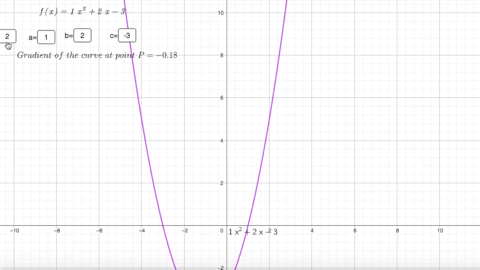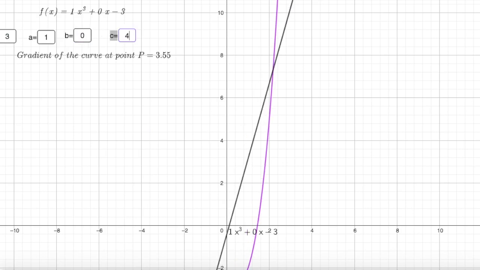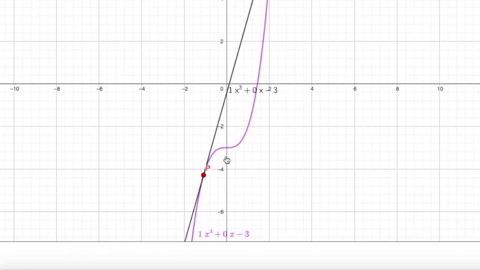Next, if I change my curve to power 3, B is 0, C is 4, now my curve is like this. This is a cubic curve.